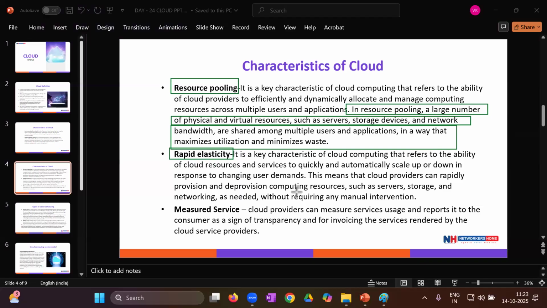Then rapid elasticity. It is a key characteristic of cloud computing that refers to the ability of cloud resources and services to quickly and automatically scale up and scale down in response to the user's demand. Now, if you want to scale up, for example, say you bought a laptop and it supports 16 GB RAM.